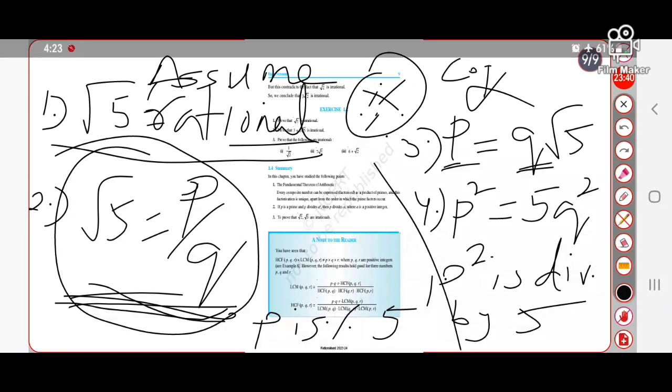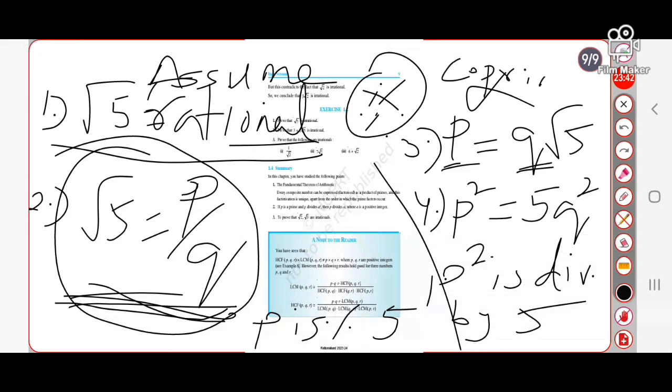This sentence is very important while you are concluding your answer. After writing this step, you need to tell that p and q are not coprime, because p is also divisible by 5, so it cannot be a coprime number.